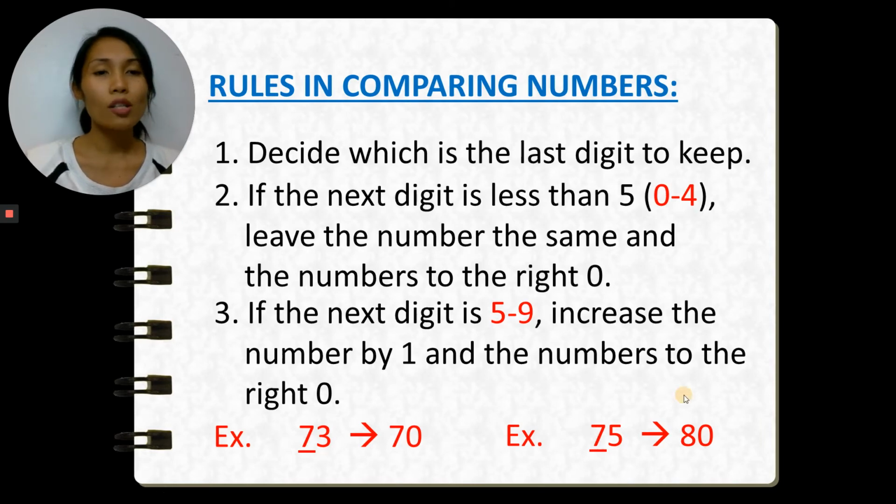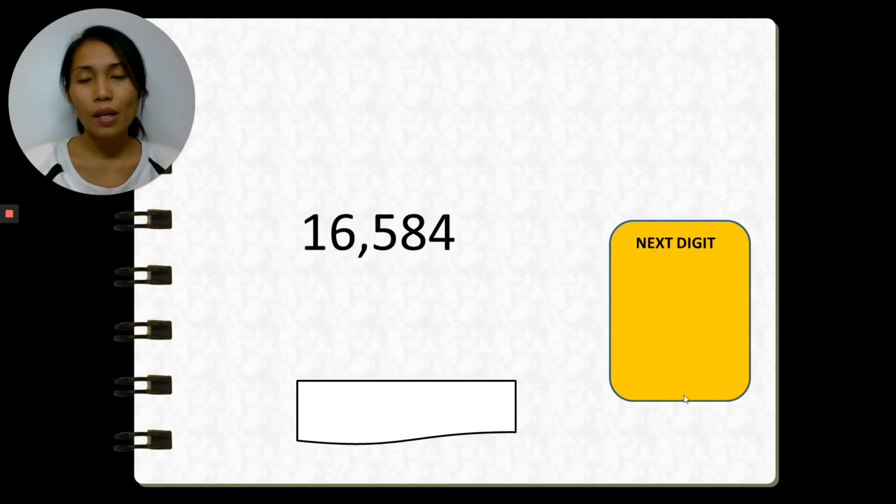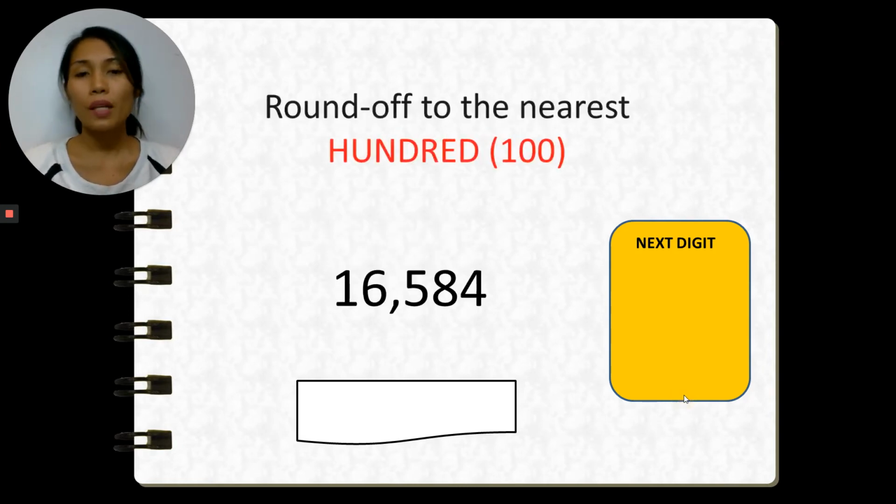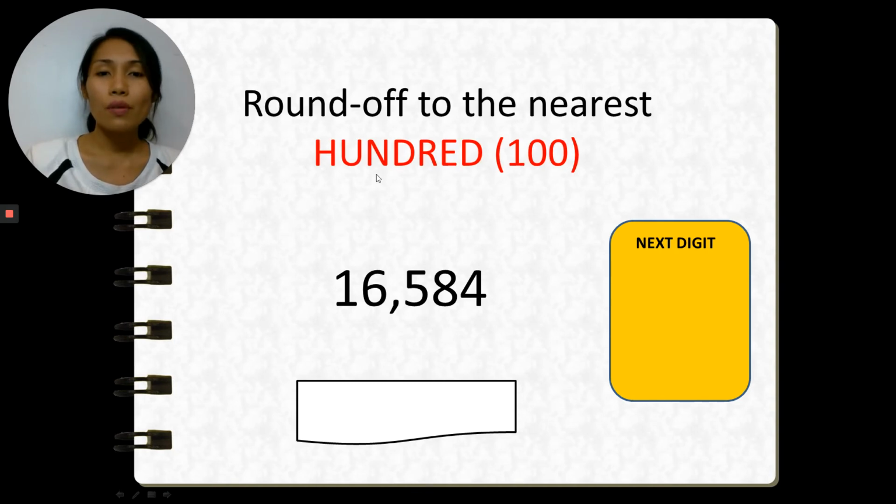Okay, let's try it with bigger numbers. Here, 16,584. Round off to the nearest 100. Do you remember the place values that we had last time? Okay, 4 is in the ones place, 8 is in the tens place, and 5 is in the hundreds place.